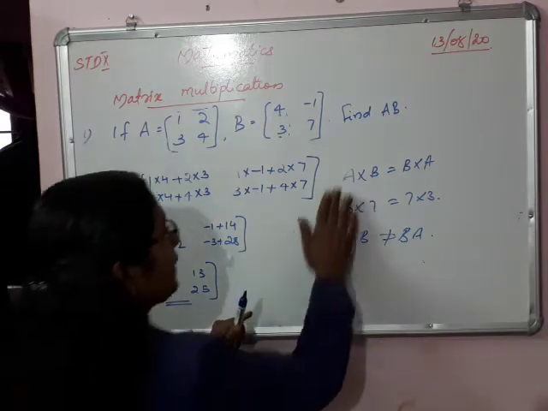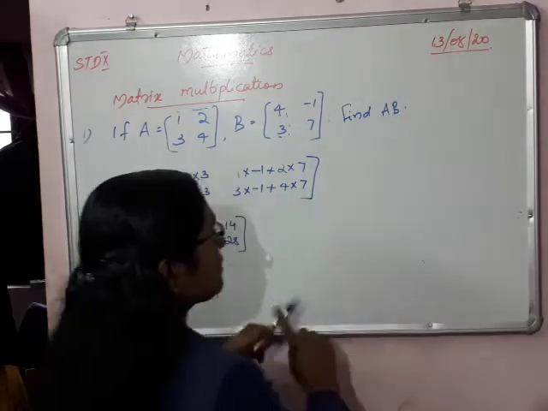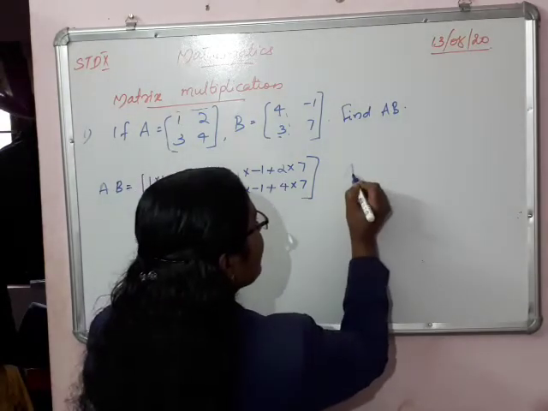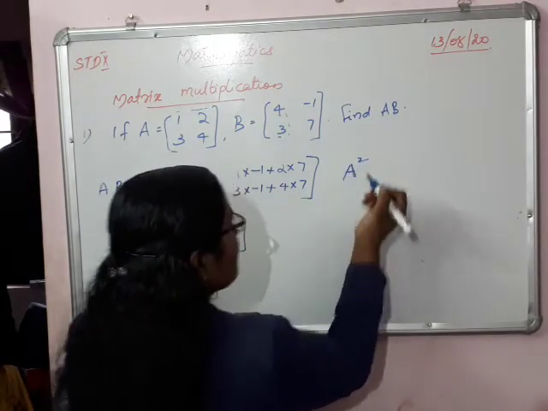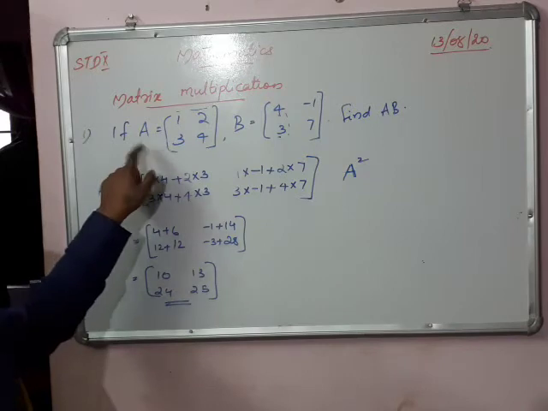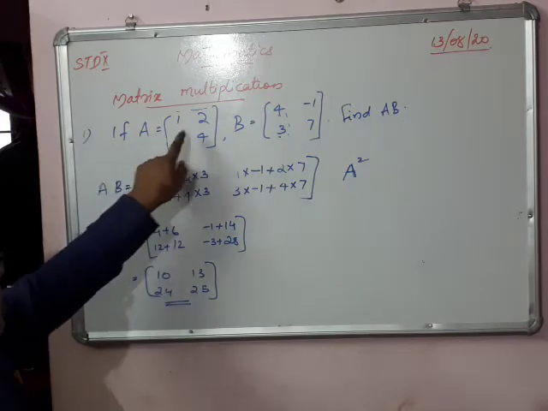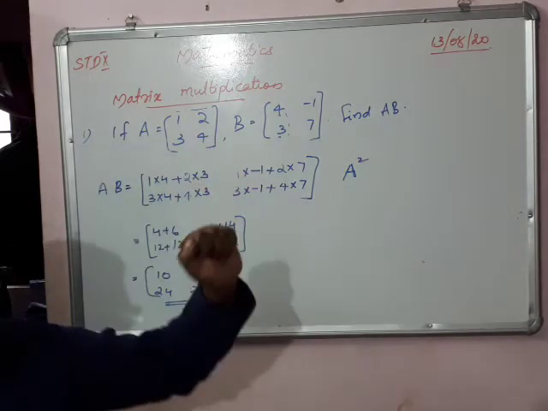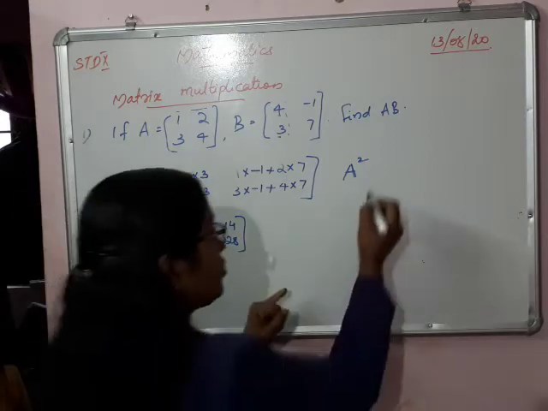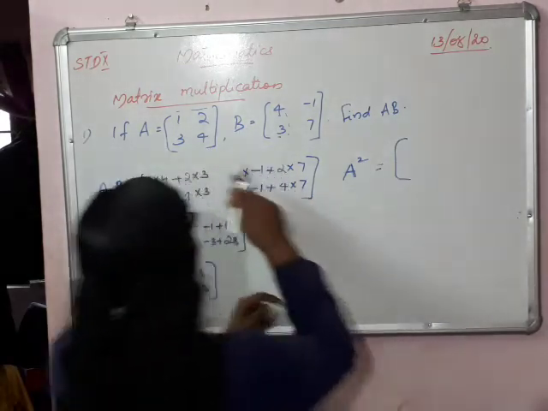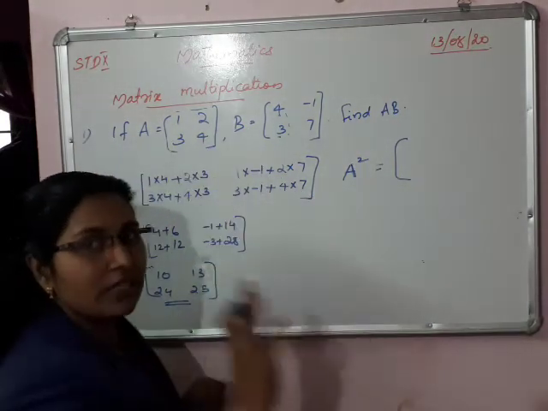Then one more thing: suppose you are finding A square. Suppose in this question you want to find A square. A is already given as 1, 2, 3, 4. How can we find A square? Here also, don't write 1 square, 2 square, 3 square, 4 square. That is wrong.